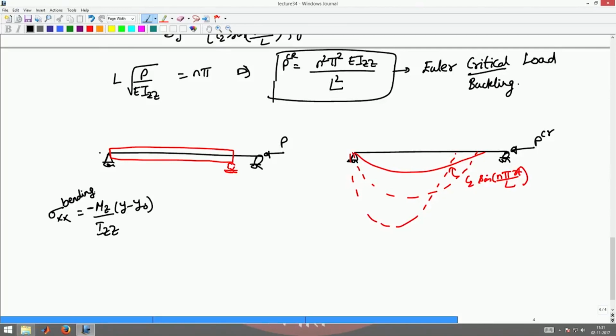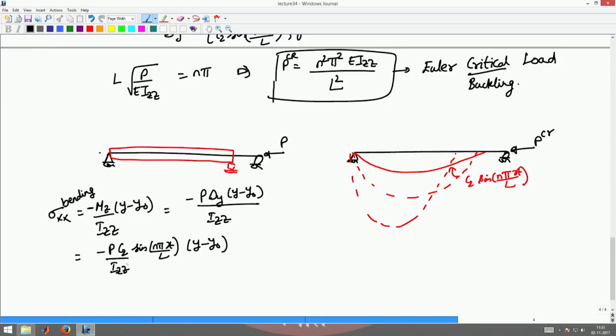Now Mz is minus P times delta y, into y minus y naught by Izz, which is nothing but minus P times C2 sin n pi x by L into y minus y naught by Izz. This P is P critical.